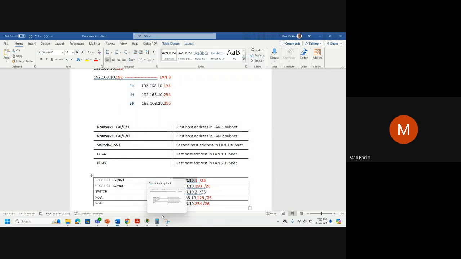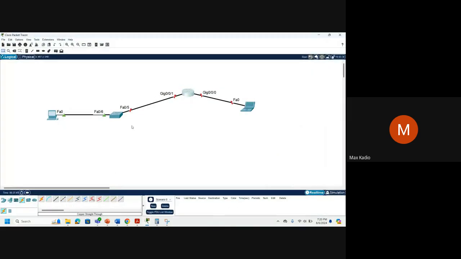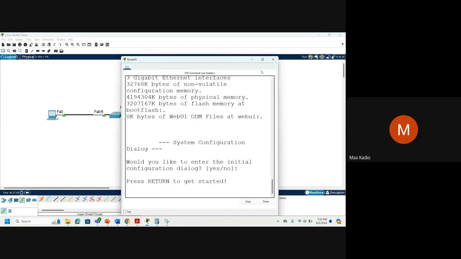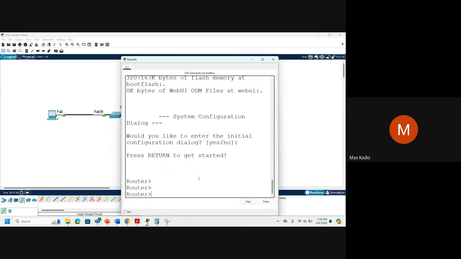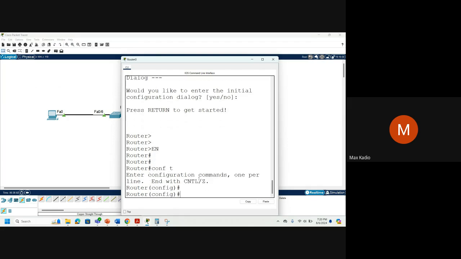This router G0/1, this router, this interface 0/1, we're going to configure it. Enable, conf t.